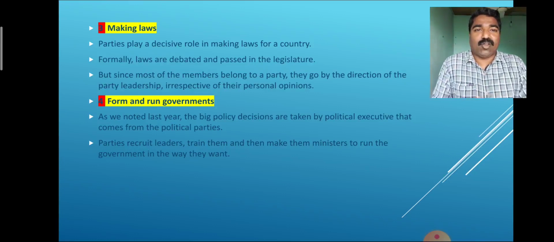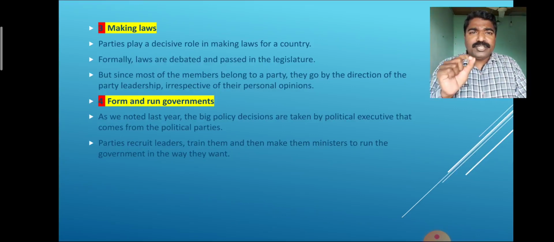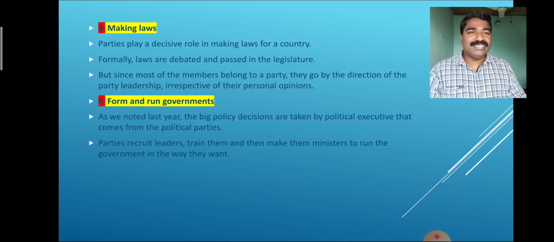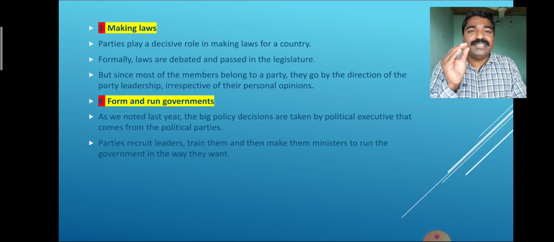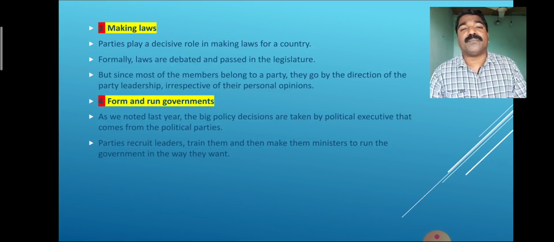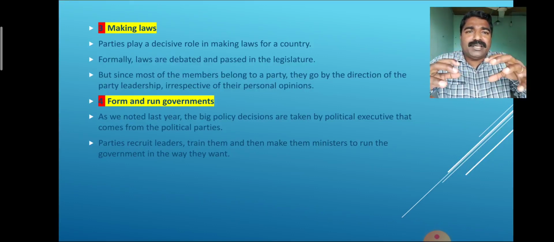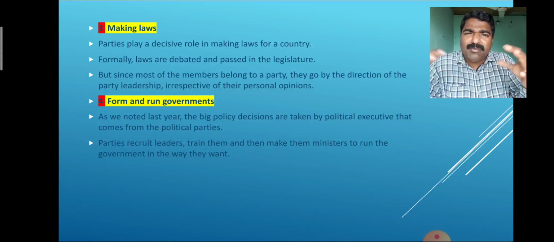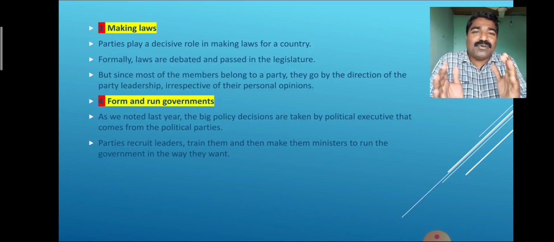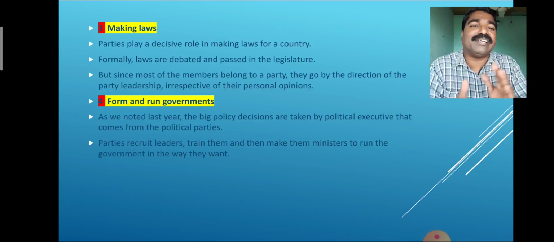We know that the law-passing body is the legislature. But since most of the members belong to a party, they go by the direction of the party leadership, irrespective of their personal opinions. Even though the members of a party may have different opinions, they have to go with the decision taken by the party leadership.